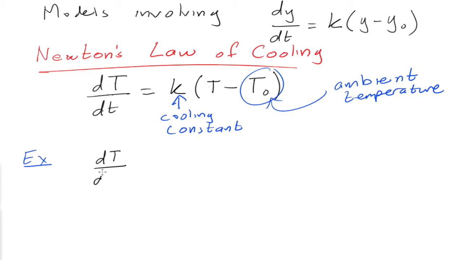So we have that information, right? The rate of change is equal to the cooling constant, which was what? Negative 0.1 per minute, not just 0.1.